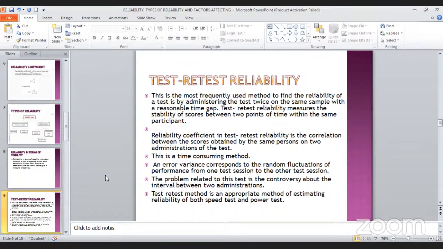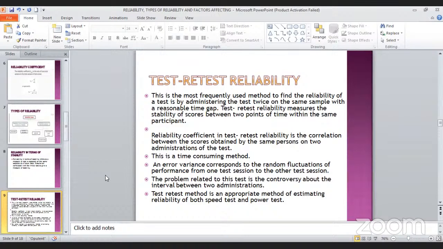The time gap should not be so long that major changes may happen to the person or to the situations, and the time span should not be so short that the carryover effect or the practice effect can hamper the test result.